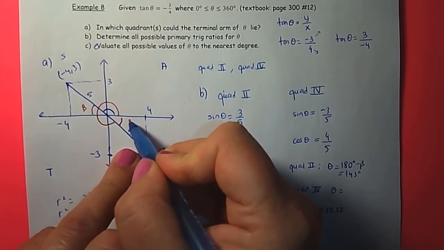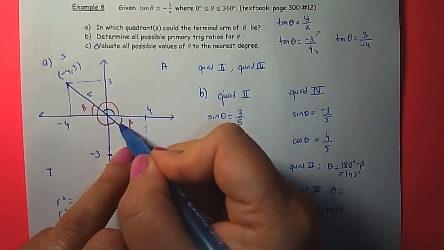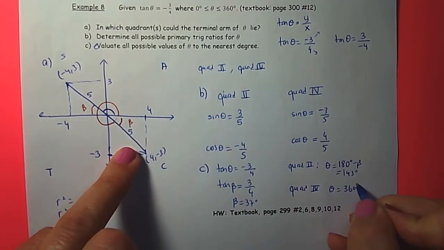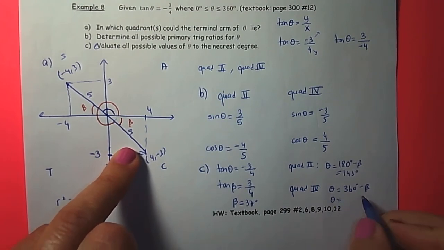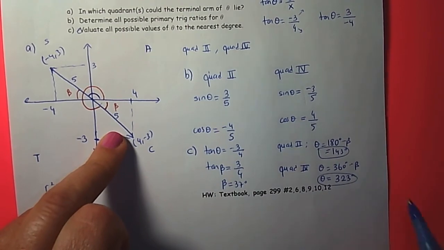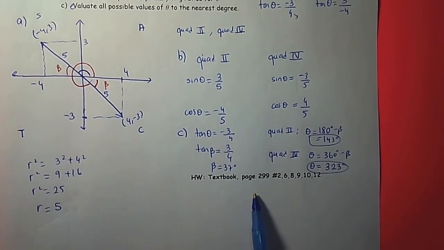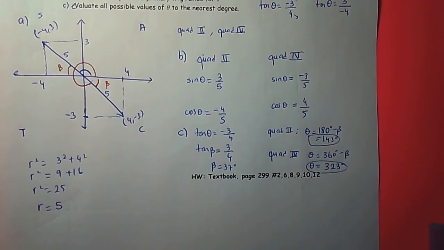In quadrant 4, theta is 360 minus beta. So 360 minus 37 gives you 323 degrees. So those are two possible angle thetas. Okay, now you can start doing the textbook question.